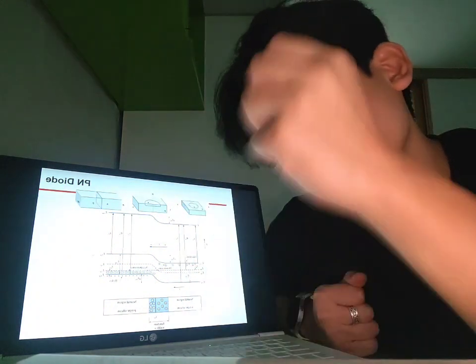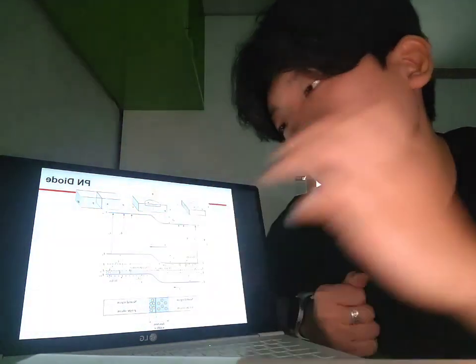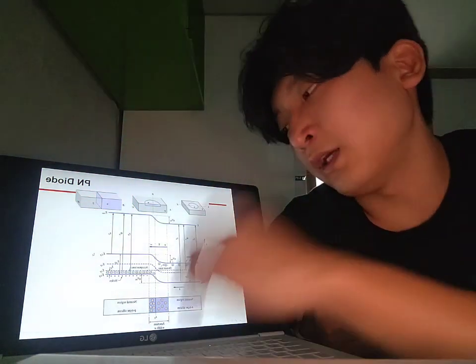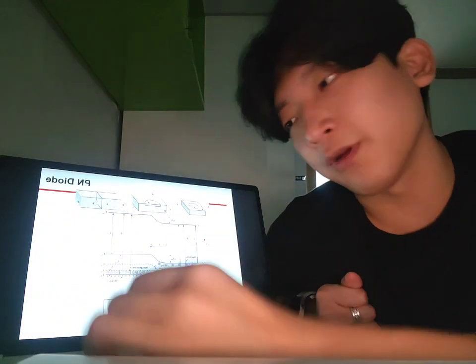The electrons and the holes in the junction area get fixed and make a depletion area in the junction area.